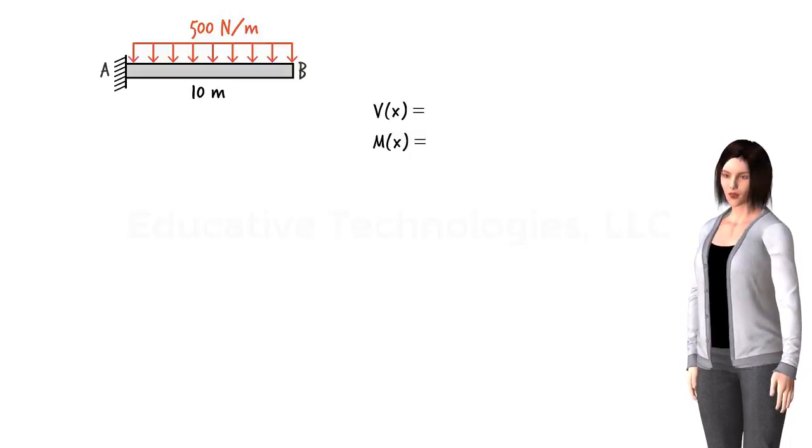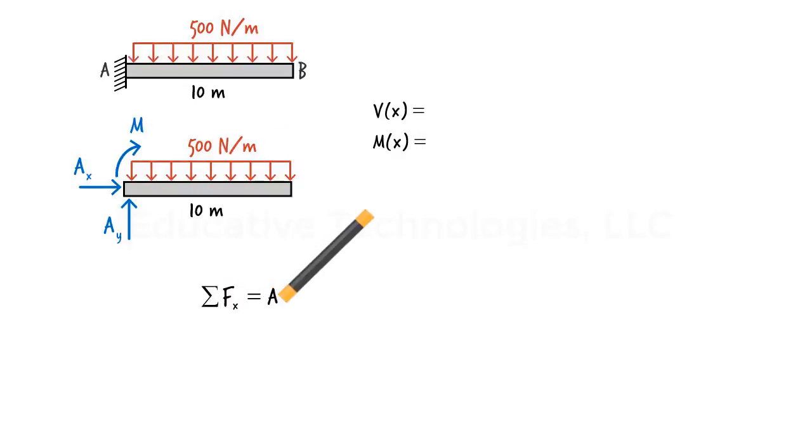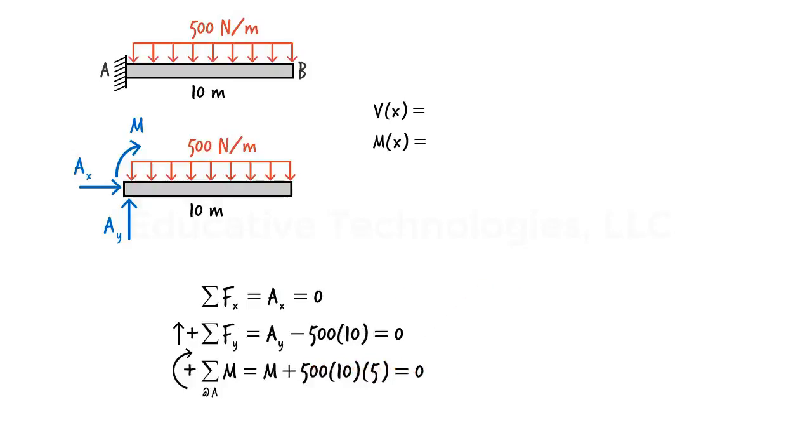Here is the free body diagram for the beam. Here are the equilibrium equations. Solving them for the unknowns, we get Ax equals 0, Ay equals 5,000 newtons, and M equals negative 25,000 newton meters.